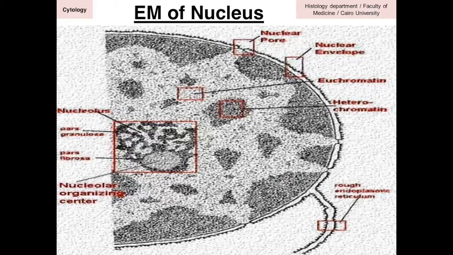Here we have the heterochromatin, which is darkly stained, and according to its location, it is the peripheral heterochromatin. Of course, you know that it is the coiled inactive part of the chromatin, and then we have lightly stained dots here.